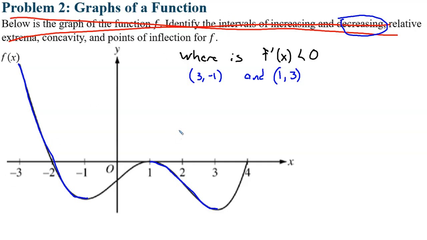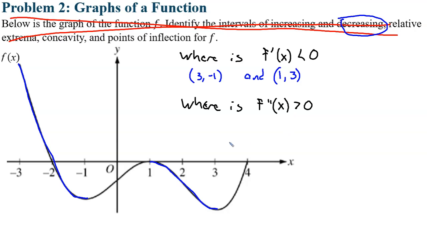Let's do one more with the actual graph of f. Let's ask where is f double prime of x greater than 0? Now, a minute ago, we just said that when our function is concave up, the second derivative will be positive.